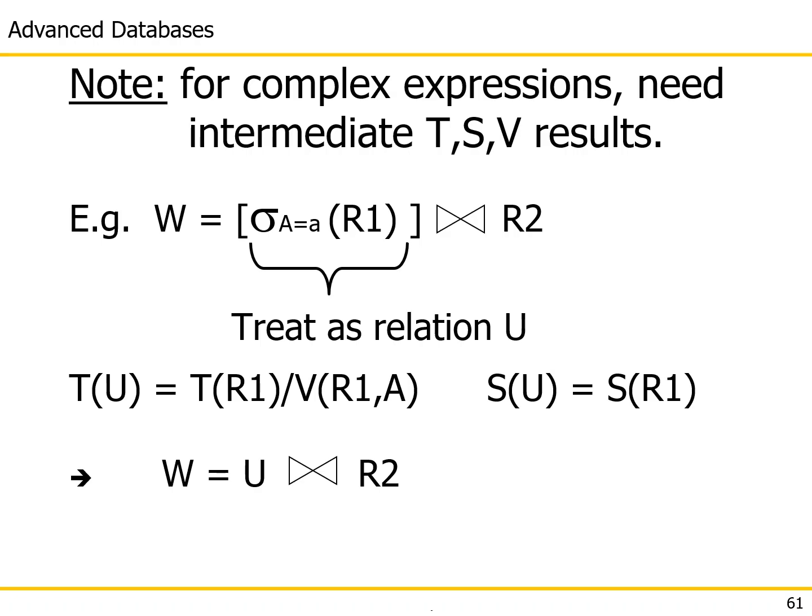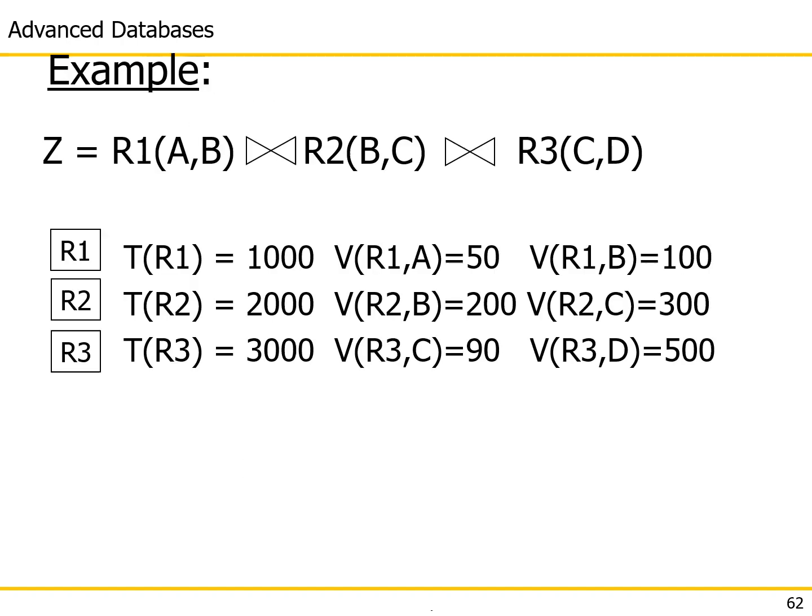And this will be the size of this temporary table. I'm calling it U. And the S of U is going to be S of R1, because I'm not doing any projection here. And then I will do U joined with R2. Okay, so I have here the important term that I need to work with. And this will continue on.